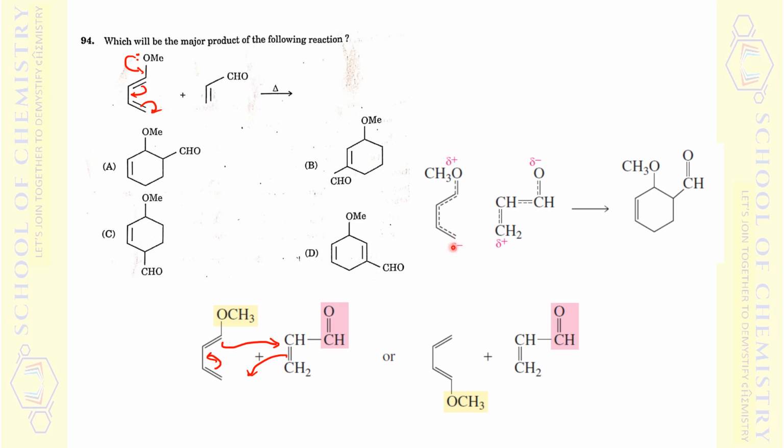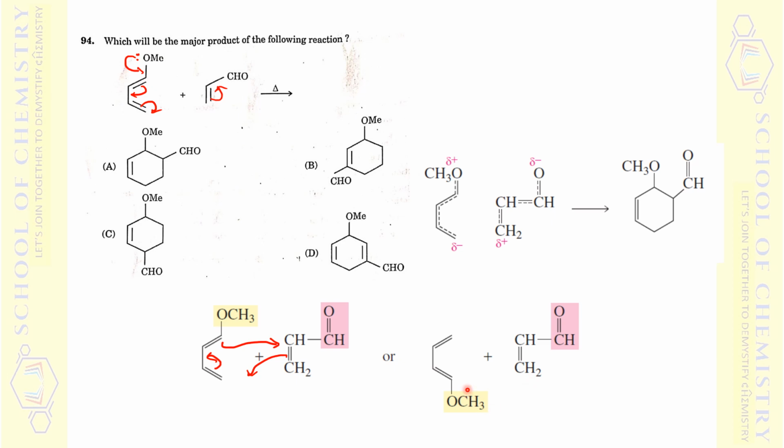So that's how it will have a minus charge. Similarly, here this double bond O, if you expand this double bond, it will move here, and that's how here you can expect a positive charge, and O will take up the minus charge as they have shown here. Always positive-negative interaction is favored. So in this particular orientation, whatever they have shown, this negative-positive interaction is favored, and the product will be this one, right?